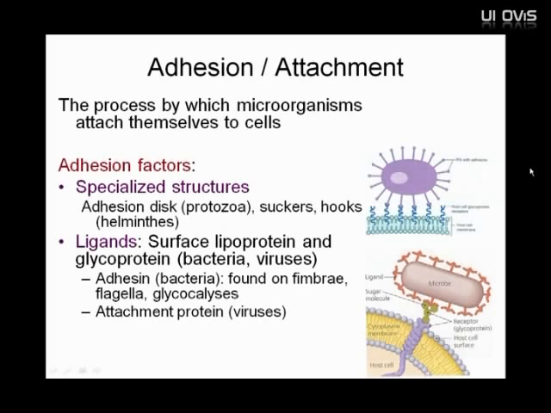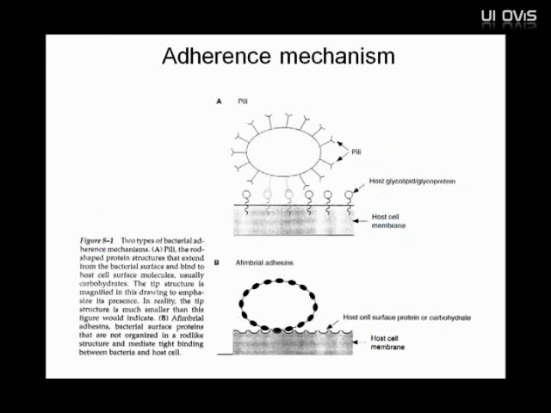The ligand in bacteria is named adhesin, found on fimbriae, flagella, and glycocalyces. The second adhesion factor is ligands, which can be found in bacteria and viruses. In bacteria, we call it adhesin, and in viruses, we call it attachment protein. There are two types of bacterial adherence mechanisms.